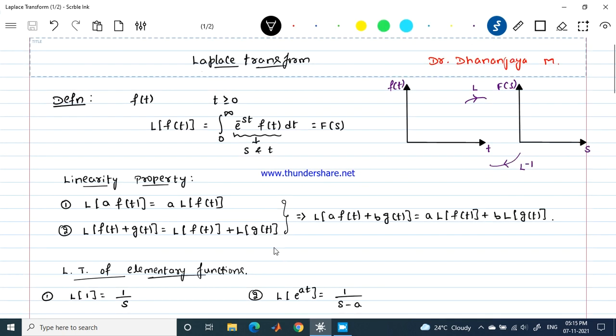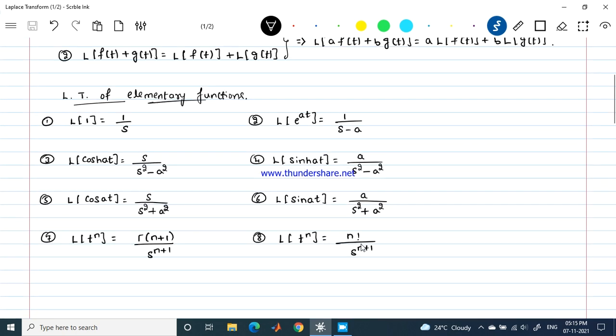In the same lines, if I replace f of t by e power at and integrate that expression with respect to t between limits 0 and infinity, we will end up with 1 by s minus a. In the same lines, from the definition of Laplace transform, we can derive all these formulae.